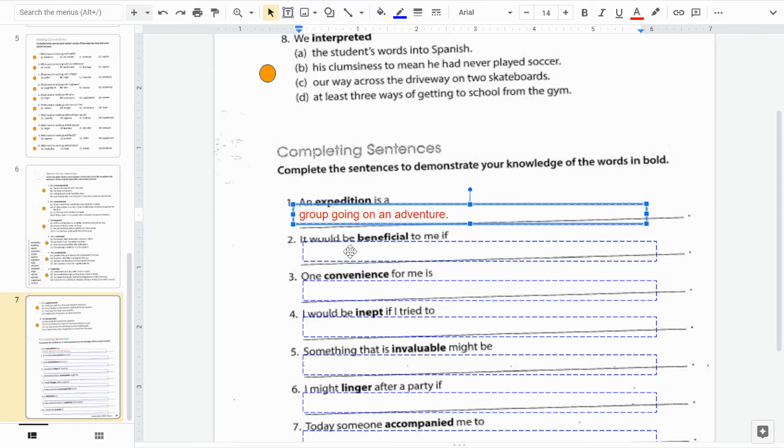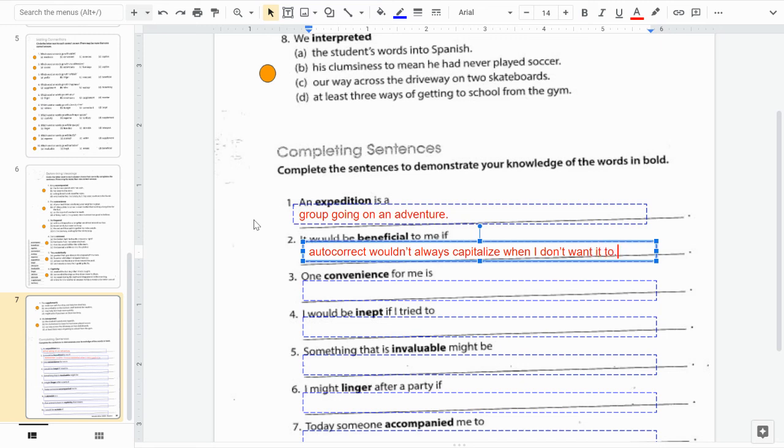It would be beneficial to me if autocorrect, I can do it just by hitting backspace at the end of the word. Autocorrect wouldn't always capitalize. I don't want it to.